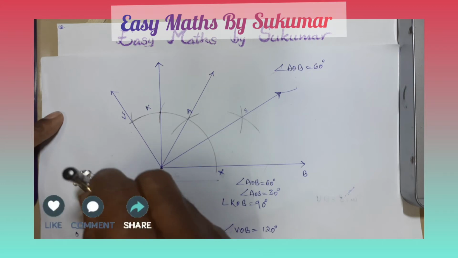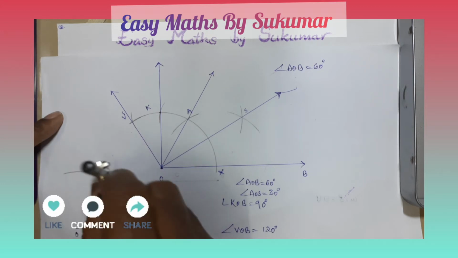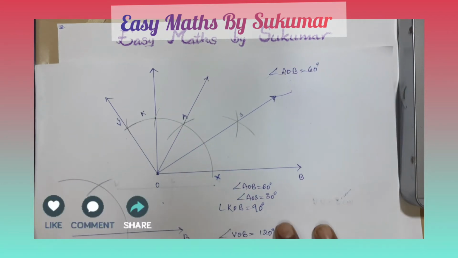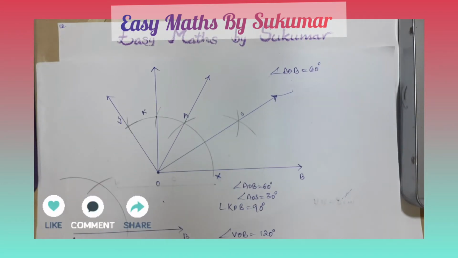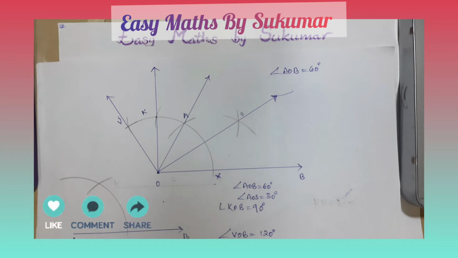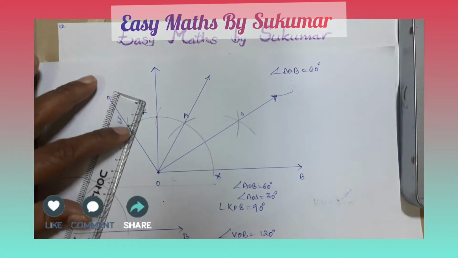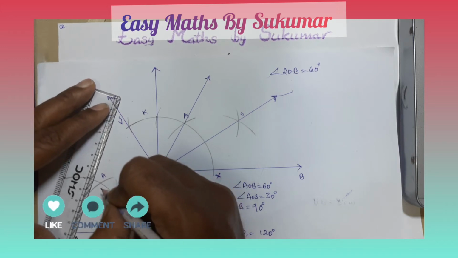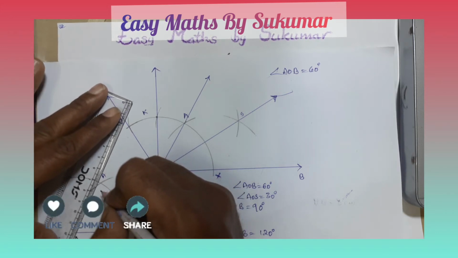So from this intersecting point of OB, just cut the previous arc. Now here let it be A. So just join this O and A.